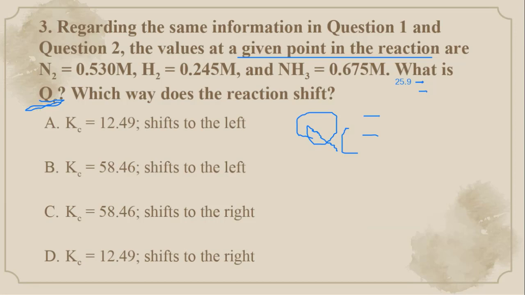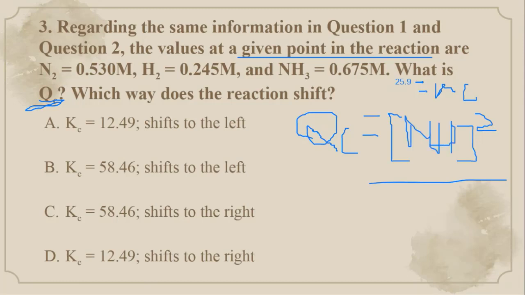So our QC, is it going to have the same or different expression as our KC? It's going to have different numbers, but what about the expression? Yeah, the expression itself is going to be the same. So then we have NH3 squared, and then N2.